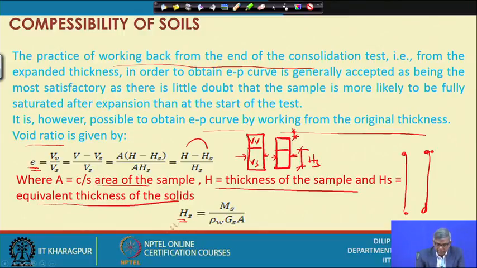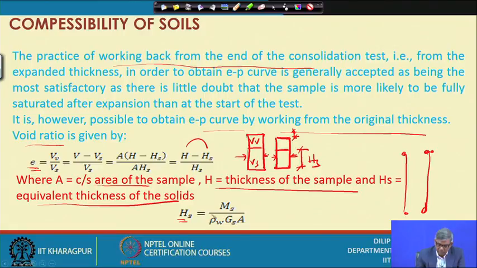Now, again Hs is equal to, actually, the mass divided by rho W Gs into A. A into Hs is the volume, multiplied by unit weight will give you the weight, or volume multiplied by density will give you the mass.